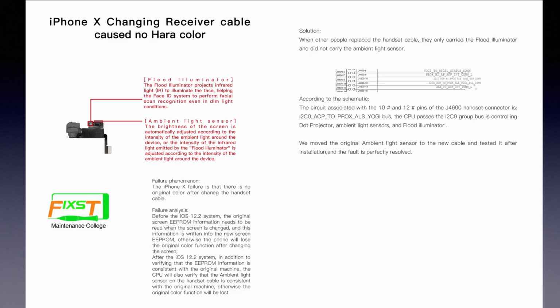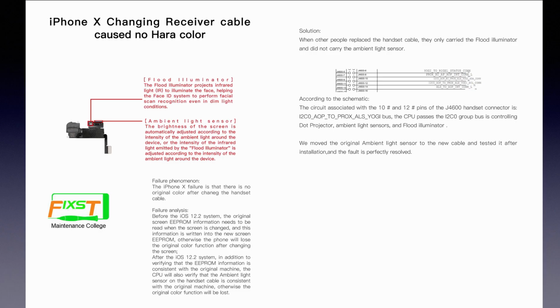Otherwise, the phone will lose the original color function after changing the screen. After the iOS 12.2 system, in addition to providing that the iPhone information is consistent with the original machine, the CPU will also verify that the ambient light sensor on the handset cable is consistent with the original machine. Otherwise, the original color function will be lost.